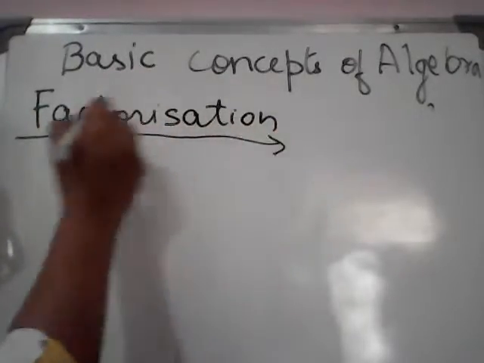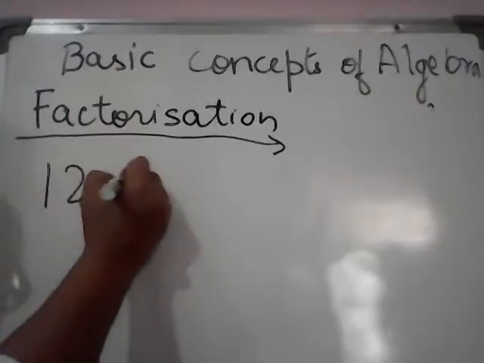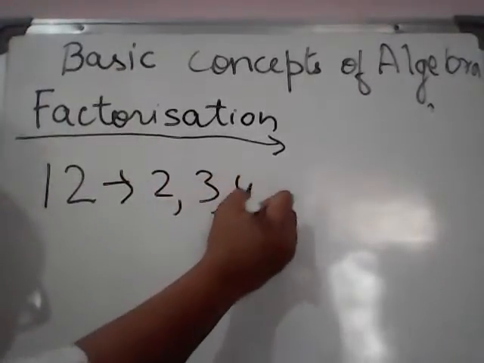Many times I come across this question, that children get confused between how to factorize and what is factorization. What are factors? Factors are such that when we divide the expression with the factor, we don't get any remainder. Like factors of 12 will be 2, 3, 4, 6.